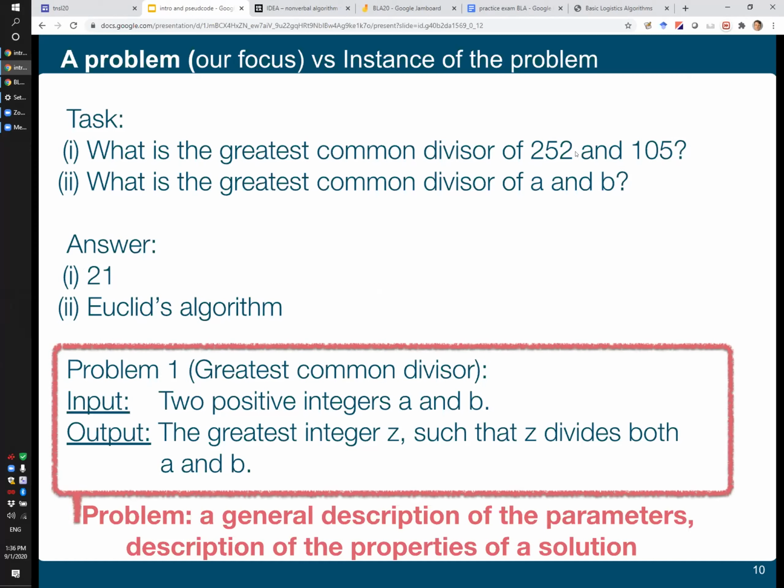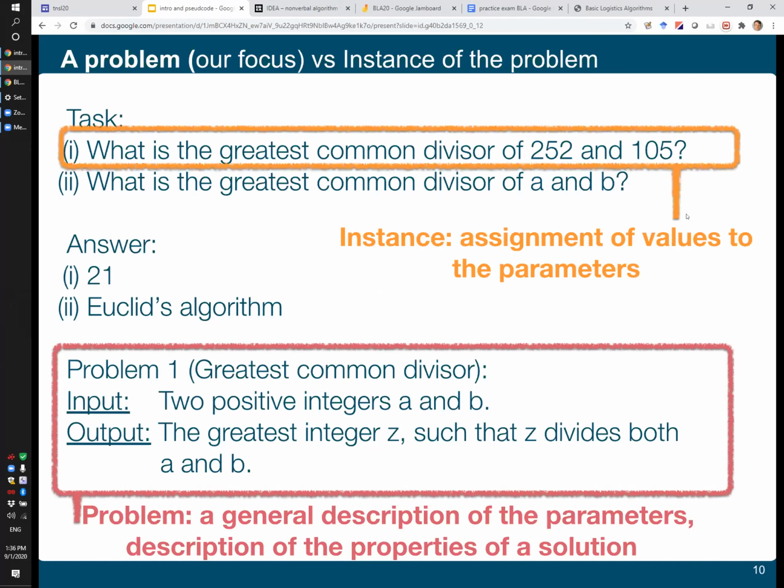Not for any specific values of the input, but for any values of the input, like in this case, for any values of a and b. So this would be an instance of the problem, but the generic problem is finding the greatest common divisor of two numbers, whatever those numbers are. Okay.